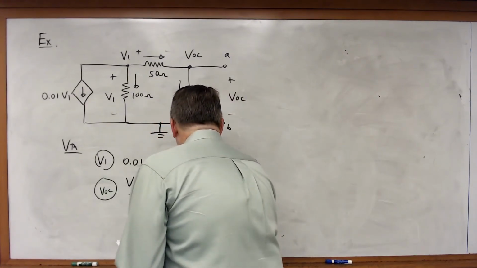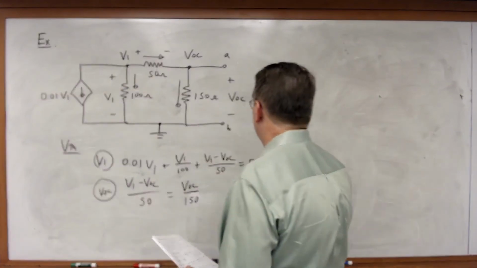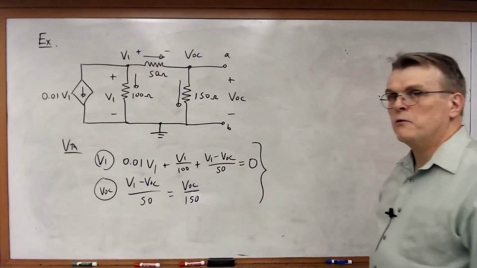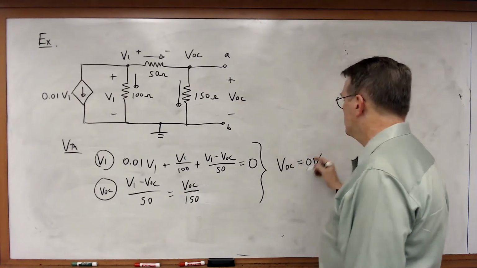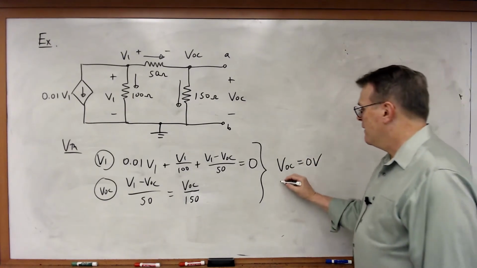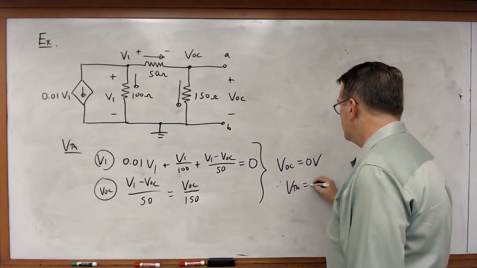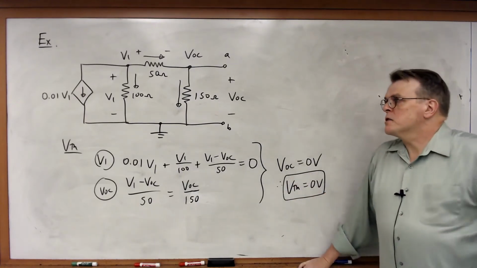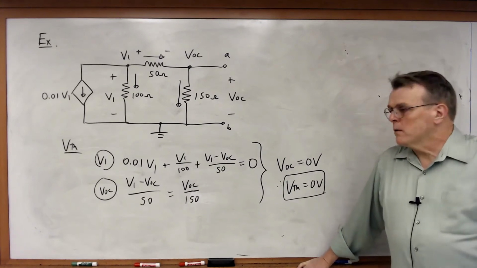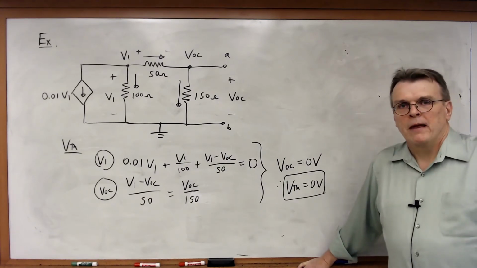And I plug these equations into Mathematica, and I solve, and interestingly enough, I get that VOC is equal to 0 volts, and therefore VTH is equal to 0 volts. This circuit has a Thevenin equivalent voltage of 0.